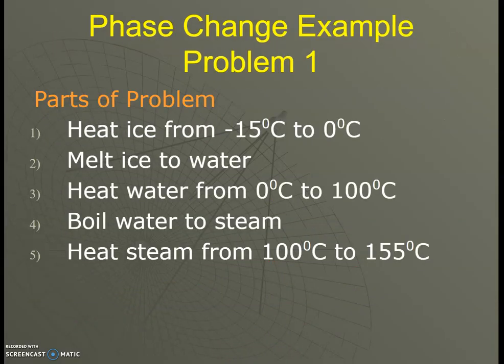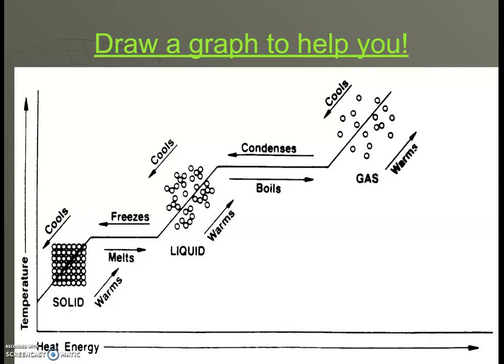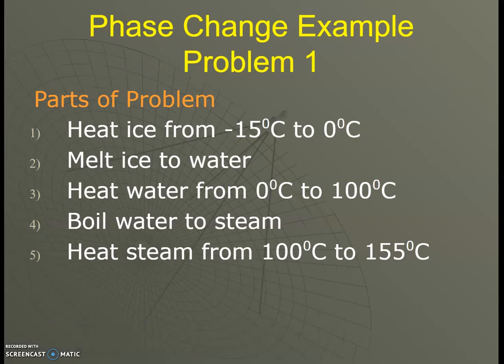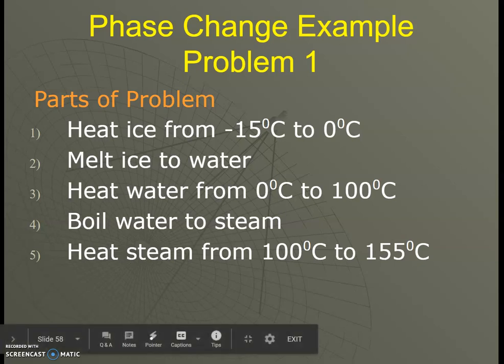So that's exactly what I laid out here for you. If you can't read my writing, we change ice from negative 15 up to 0 degrees Celsius. You melt the ice to water. Then you heat the water from 0 to 100 degrees Celsius. You boil the water to steam, and then you heat your steam from 100 to 155 degrees Celsius.